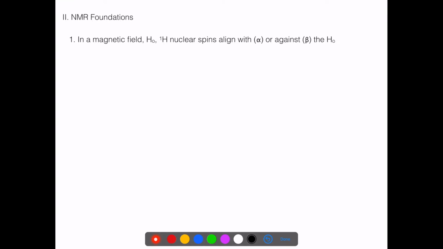So first of all, let's break this down just a little bit. First of all, we say hydrogen, and basically when we are talking about NMR in our class, we're going to be talking about hydrogen-1, and so this one absorbs.